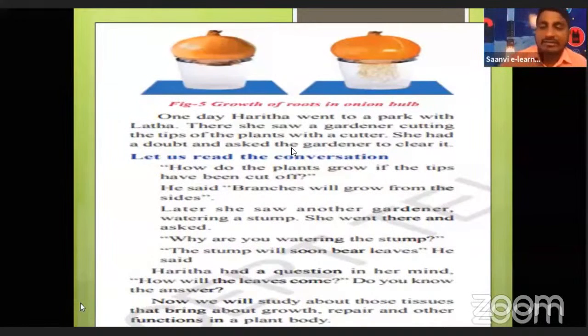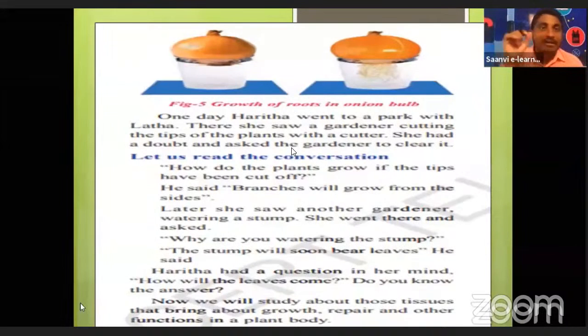Cells which are similar in structure and perform the same function form groups, and that particular group we name a tissue: meristematic tissue, ground tissue, vascular tissue, dermal tissue.